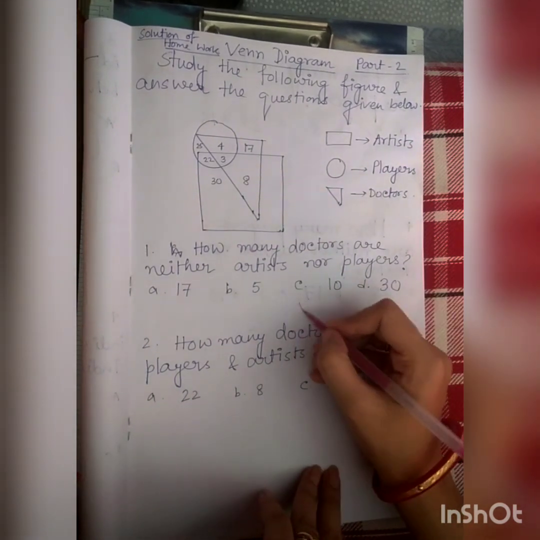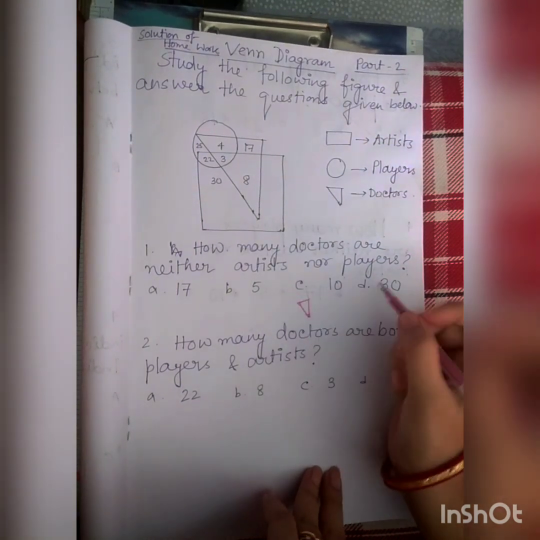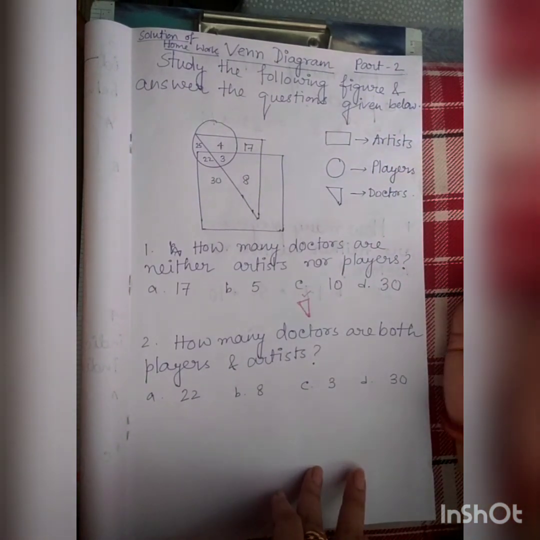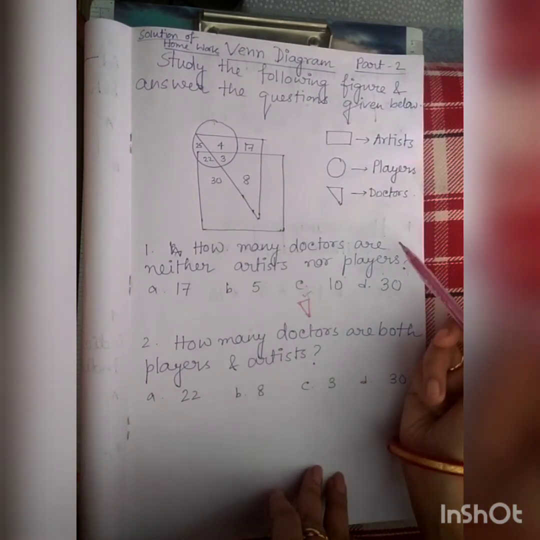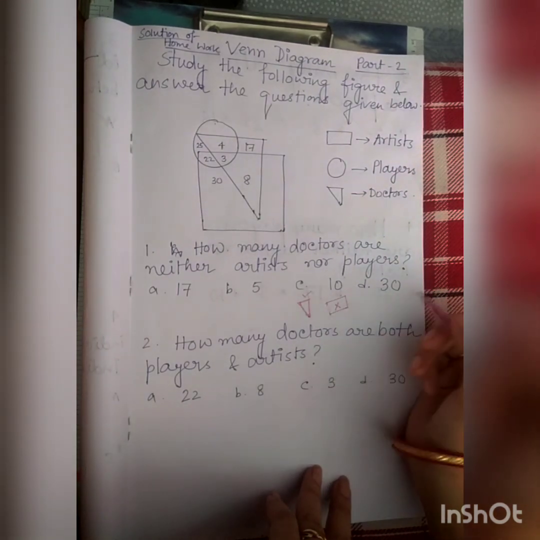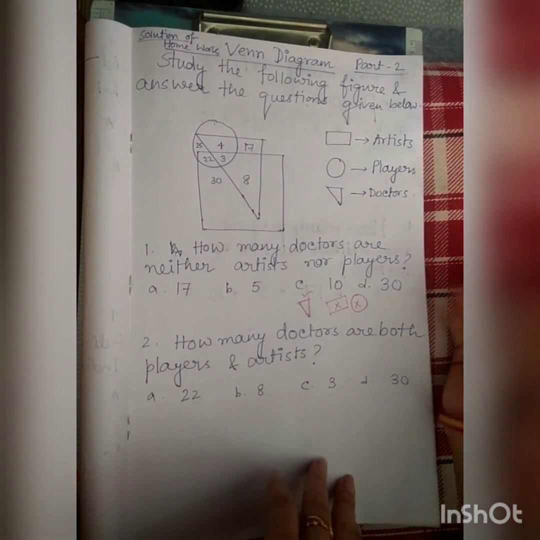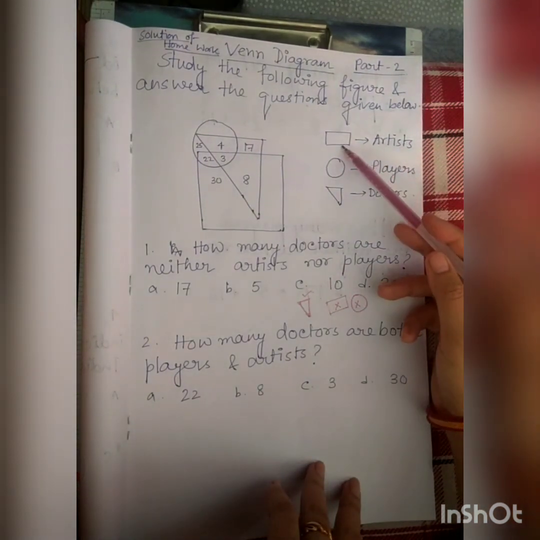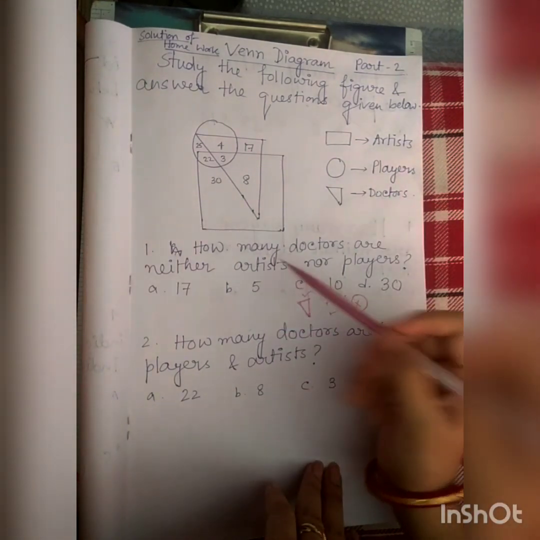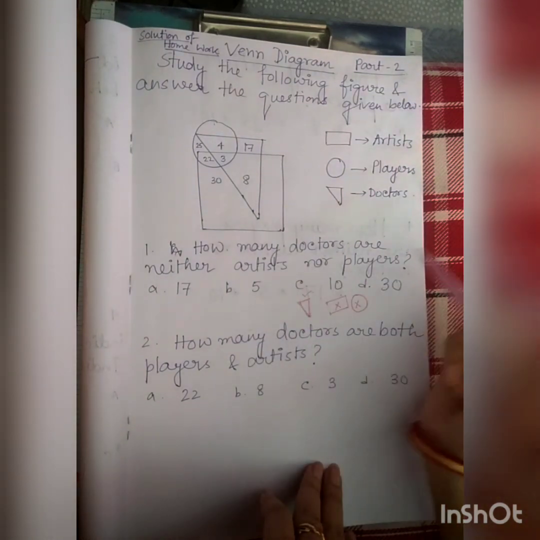Doctors means there will be one triangle. Doctors will be present over there means triangle will be there, but neither artist nor player means no square or rectangle, whatever it is, no square will be there and no circle will be there, because artists are represented by squares, players are represented by the circles, and here in the question only doctors will be represented but artists and players will not be represented.